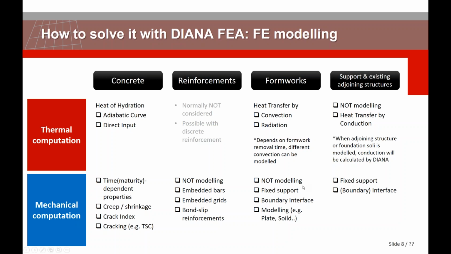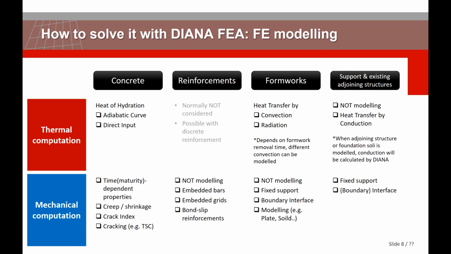And formwork, normally I know that engineers do not model it, but you can consider a fixed support. You can just fix the normal direction of your structure during the formwork period.